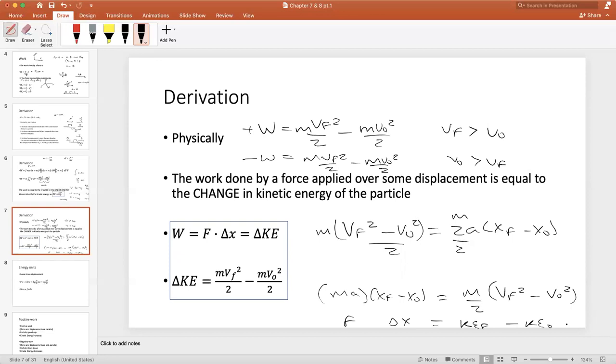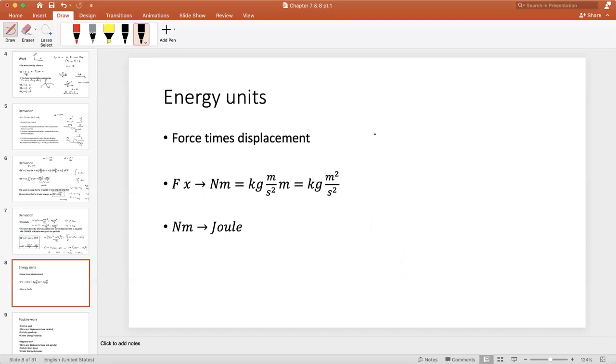It's a different way of looking at the same things we've done before. It's actually an easier way because no time, right? Time's not involved in any of this. Okay, the units of energy, force times displacement. We know force is newtons, we know displacement, x, is meters.